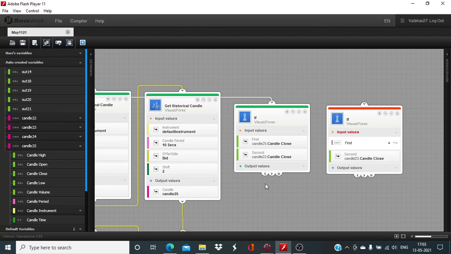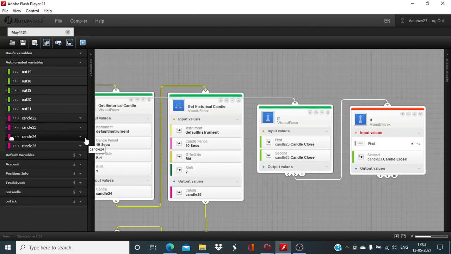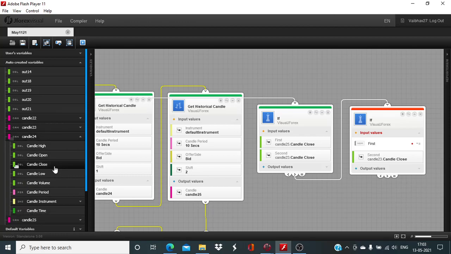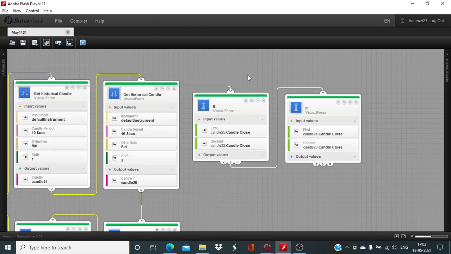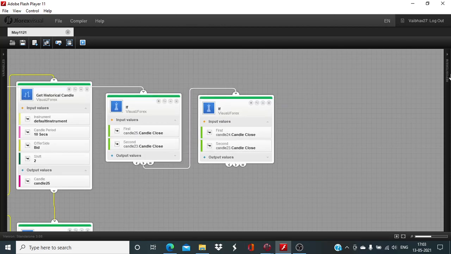Candle 25th, it was on the higher side, first input greater than second input, and candle 24, candle close is on the lower side. So in this case, it is going to be first input less than second input.